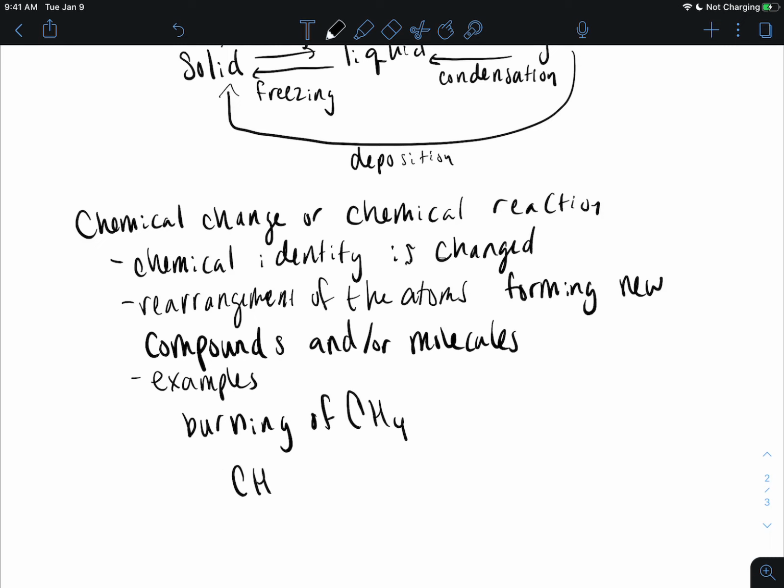So in the burning of methane, we react methane with oxygen to produce water and carbon dioxide. And hopefully you can see from this that we are rearranging our atoms, so this is a chemical reaction.